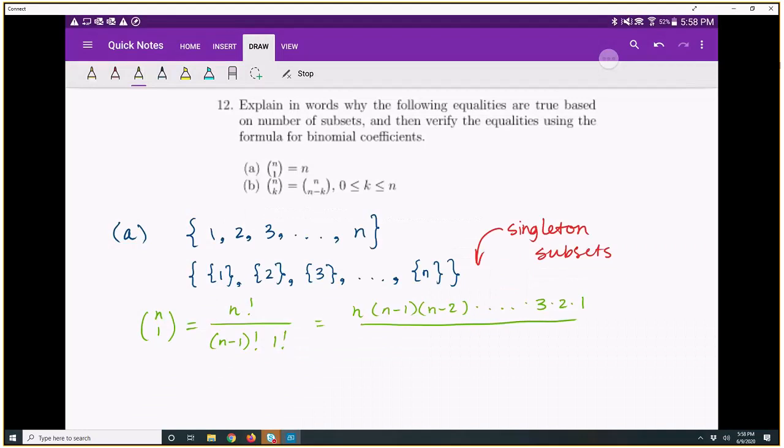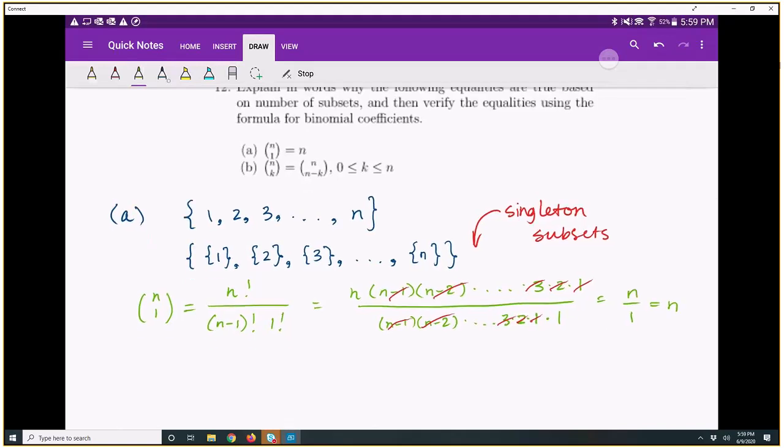And then on the bottom, n minus 1 factorial is n minus 1 times n minus 2, multiplying together all the numbers until I get to 3, 2, 1. And then times 1 factorial, which is times 1. So if I start canceling, then clearly we can see what's left over is n divided by 1, and that's n.